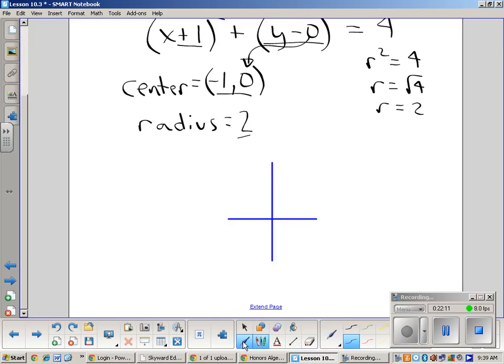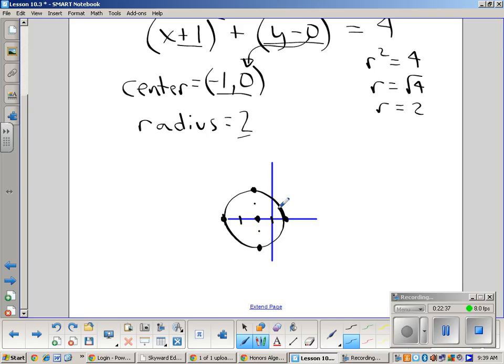So what I would do is go negative 1, 0, and go right 2, put a dot, go left 2, put a dot, go up 2, put a dot, and go down 2, put a dot, and then just do the best you can. Make a circle around that.